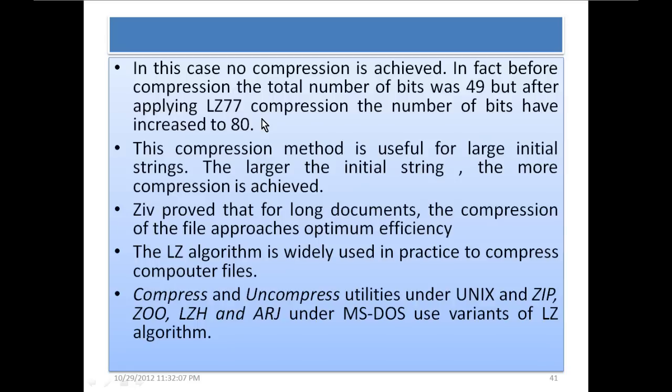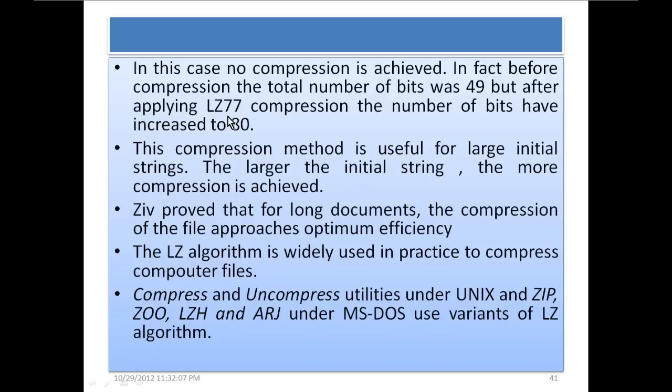If you have large files to compress, then what is proven by Ziv, who was one of the two researchers, Lempel and Ziv, is that using this Lempel-Ziv compression method or source coding method, you can approach optimum efficiency. Although here it does not seem to perform the job, for large files and long documents, this is really very efficient.